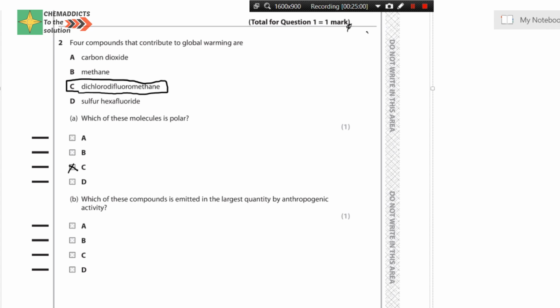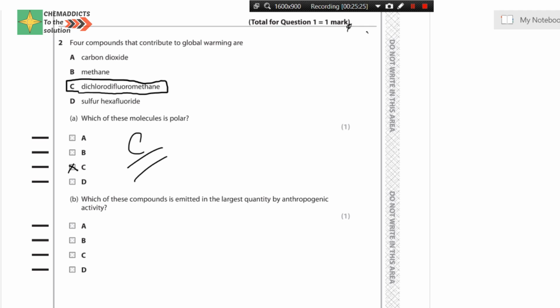So the answer should be C. Which of these molecules is polar? That's the end of this solution. The answer should be C, as you can see.